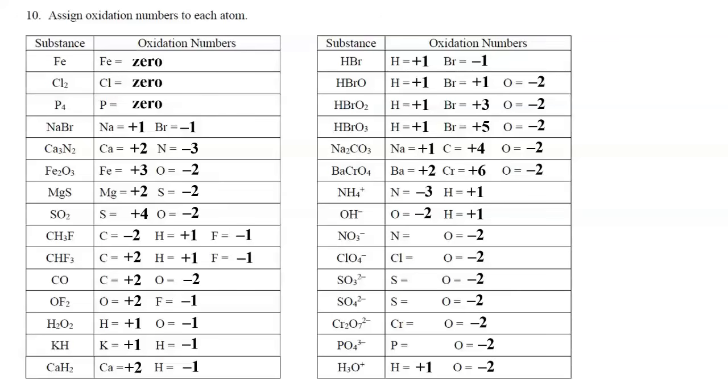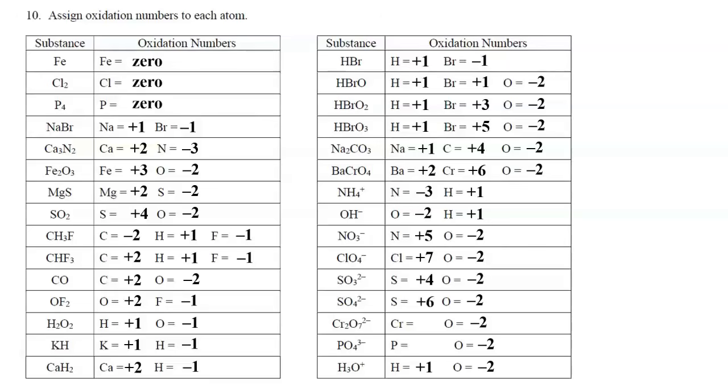So -3 for nitrogen in the NH4 plus ion, +5 for the nitrogen in the nitrate ion, NO3 minus. Chlorine in this particular polyatomic ion, ClO4 minus, would be +7. In these next examples, in SO3 2 minus, sulfur would be +4. In SO4 2 minus, sulfur would be +6.